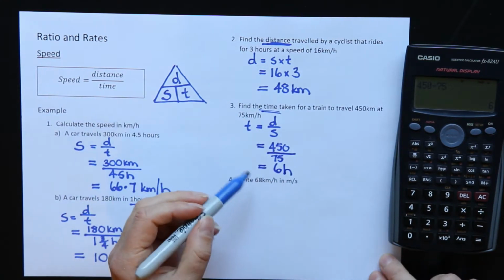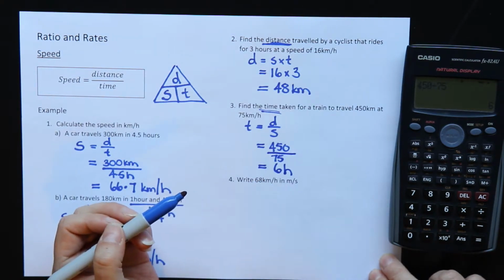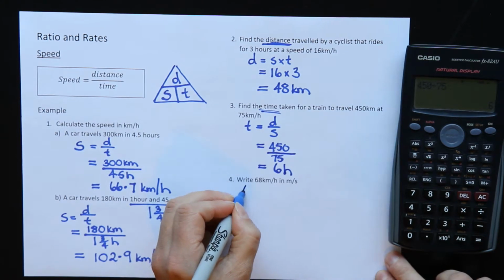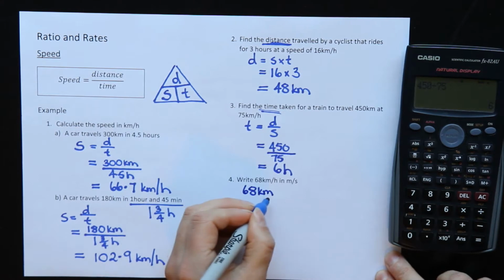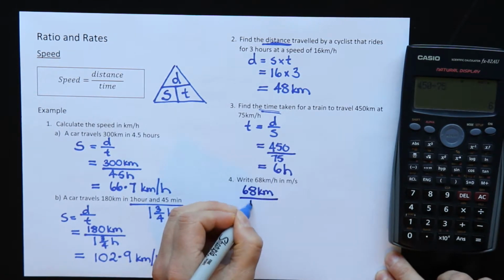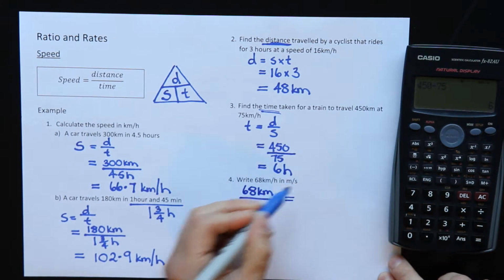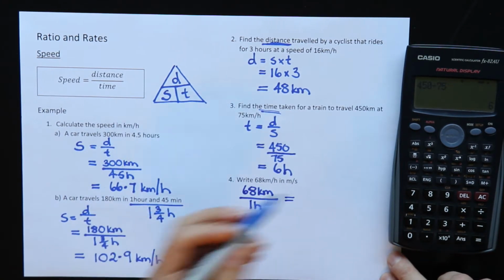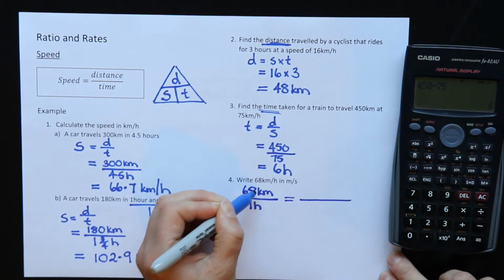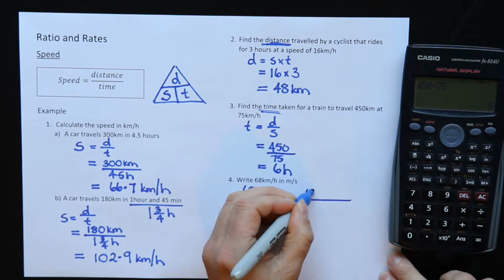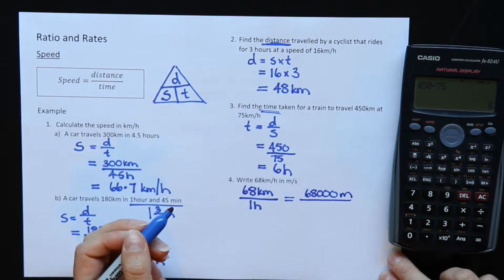Question 4, we want to write 68 kilometers per hour in meters per second. So we break this rate back into a fraction, 68 kilometers in 1 hour. I need to change the kilometers into meters and the hour into seconds. There's 1,000 meters in a kilometer, so times this by 1,000 to put it into meters.